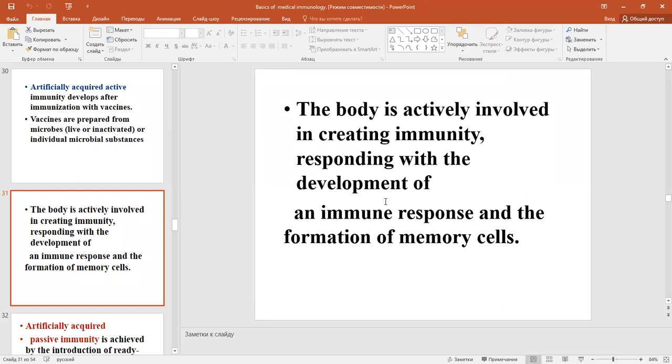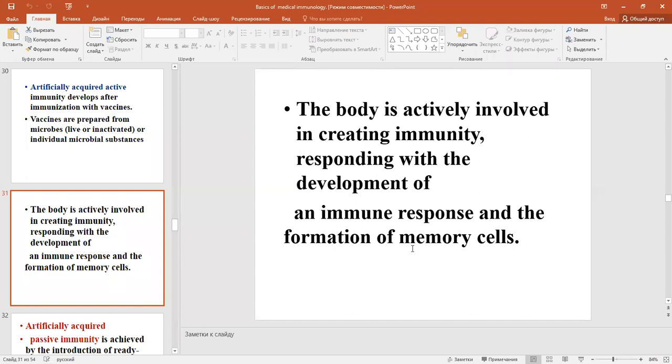But realize that, again, this immunity developed due to vaccination is not life-lasting. And finally, this child that was vaccinated during childhood has no artificial immunity due to vaccination, and he has no natural immunity because he had no measles, mumps, or poliomyelitis in childhood.